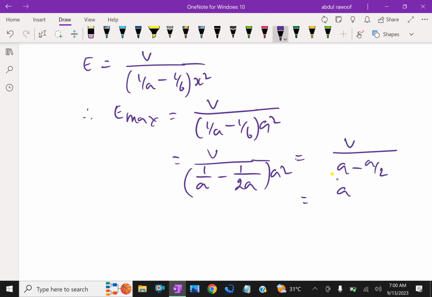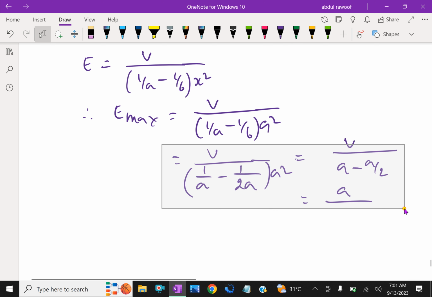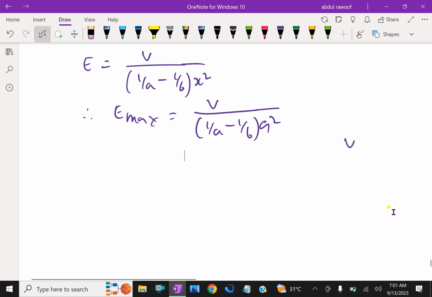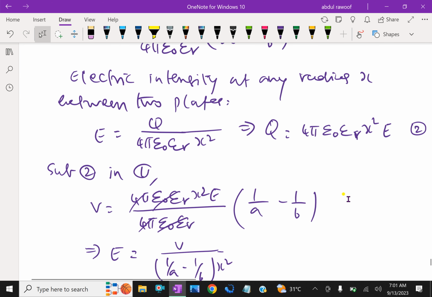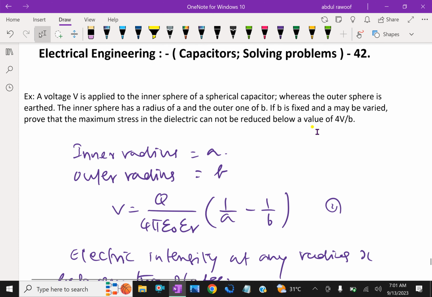We need this in terms of B, because we have to prove 4V by B.